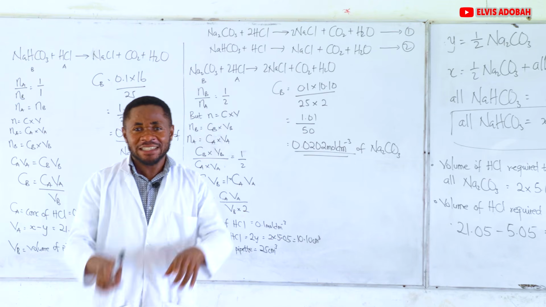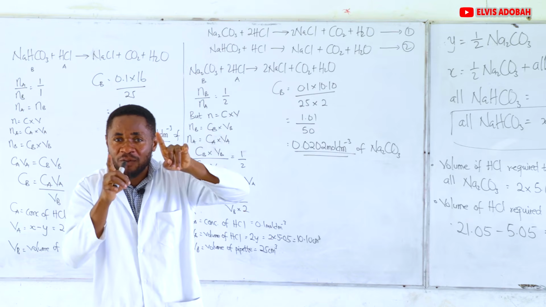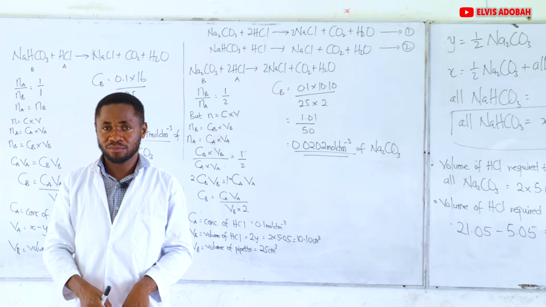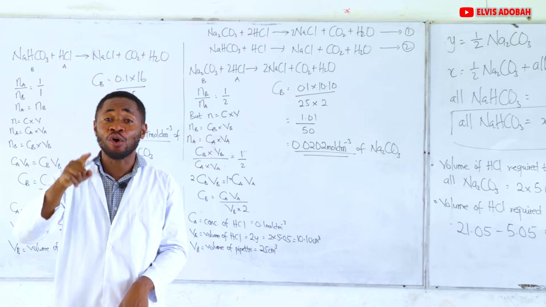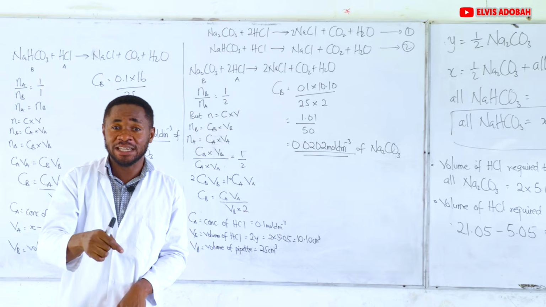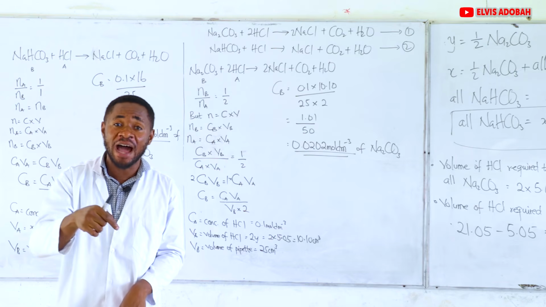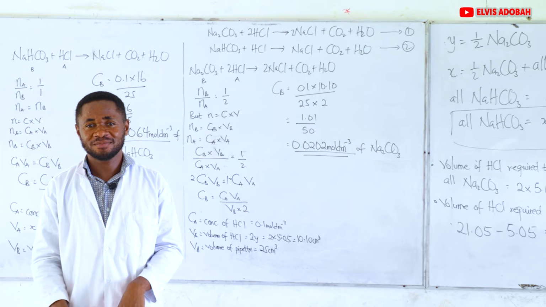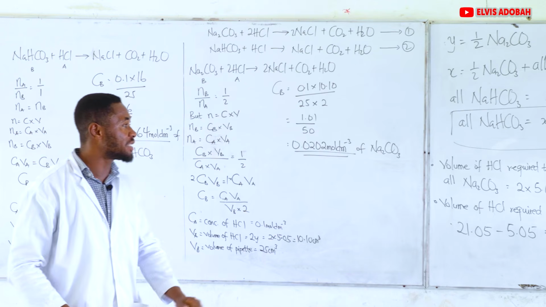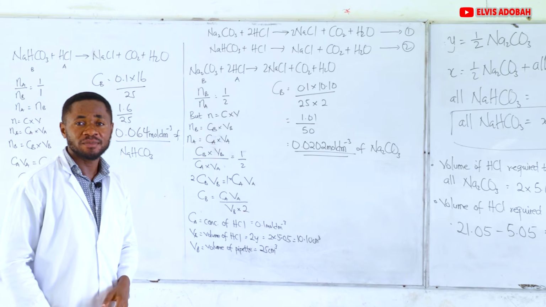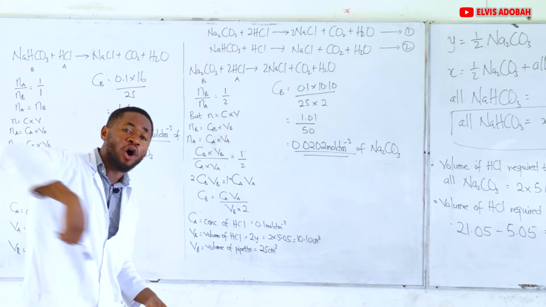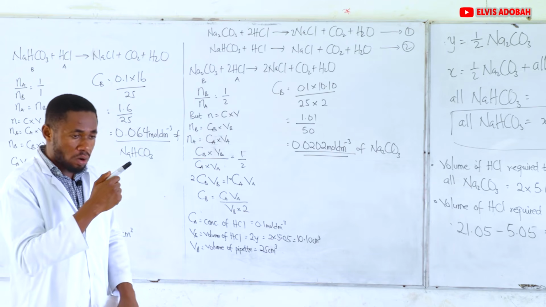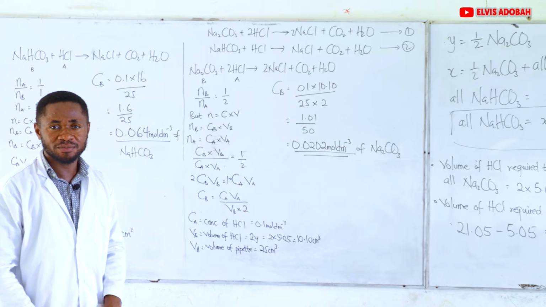It told us that the difference between the 5.3 and the 21.10 was as a result of the HCl reacting in the presence of the methyl orange. Yes, and it's the same thing that has been proven over here. X minus Y for all sodium bicarbonate, 2Y for all sodium carbonates.